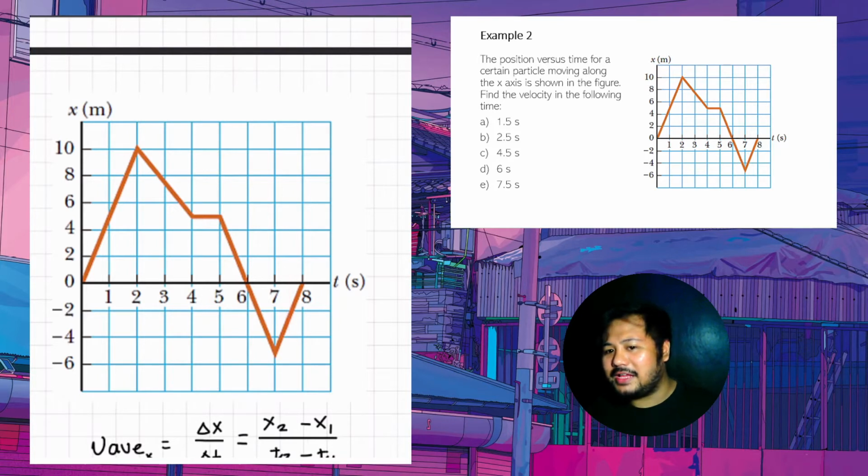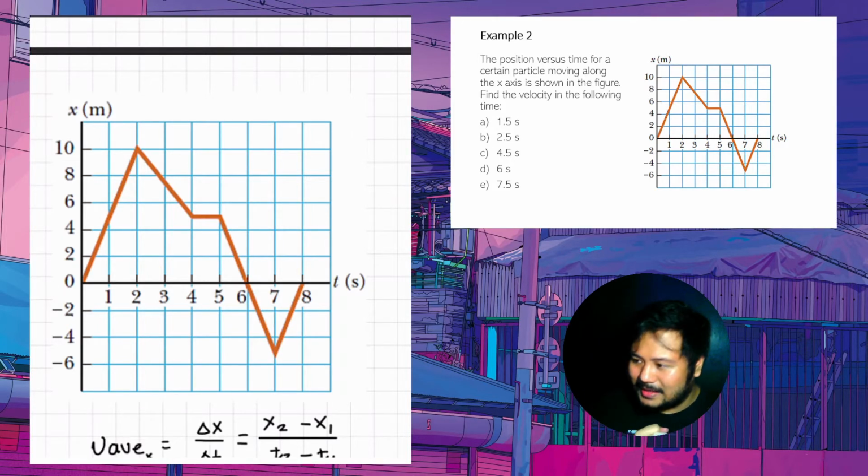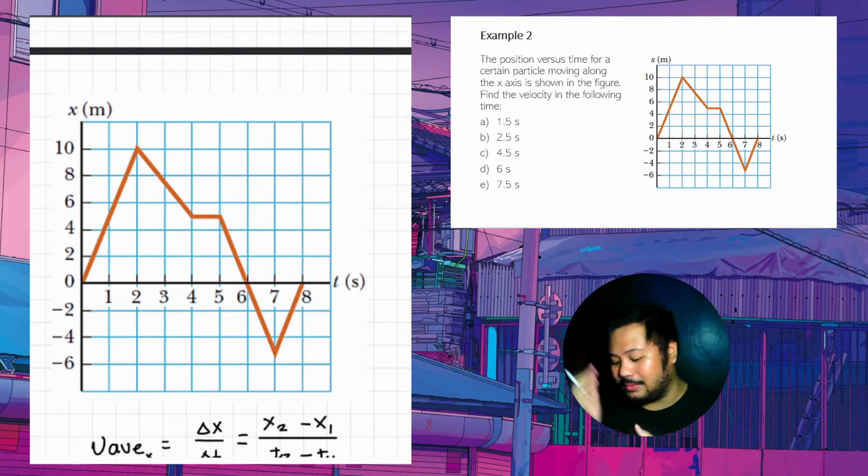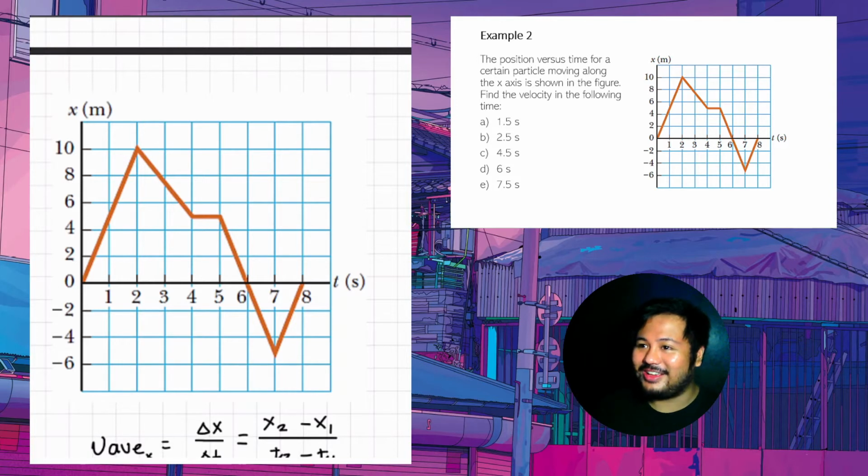Now, I understand that if you are to get that one, the instantaneous velocity or velocity, it will be difficult for you to analyze that one. But this graph is relatively easy compared to if you have a parabolic graph. Why?